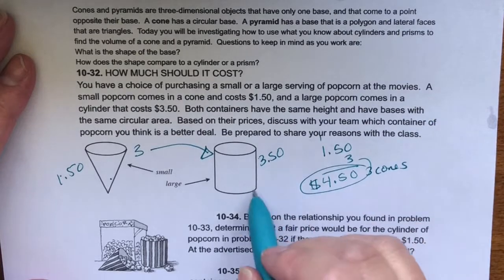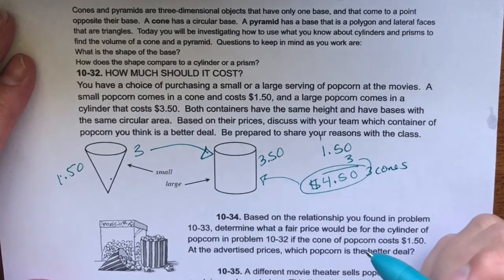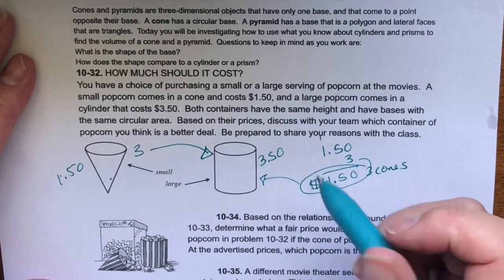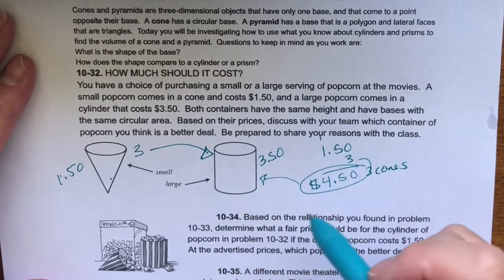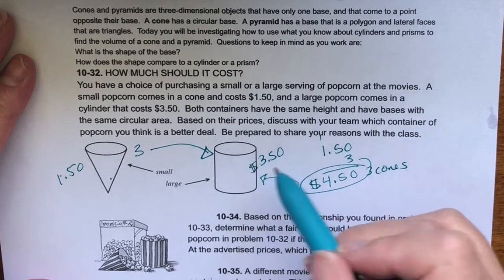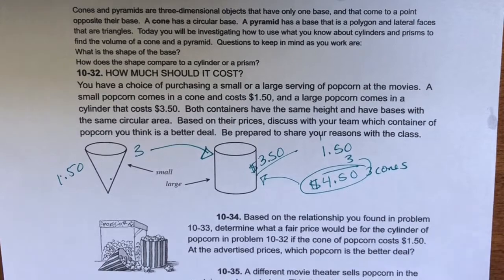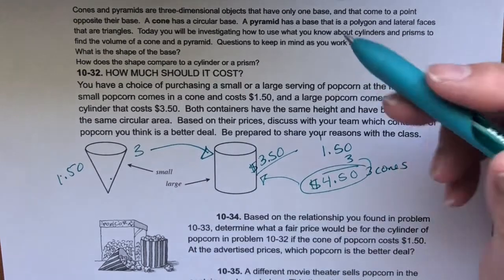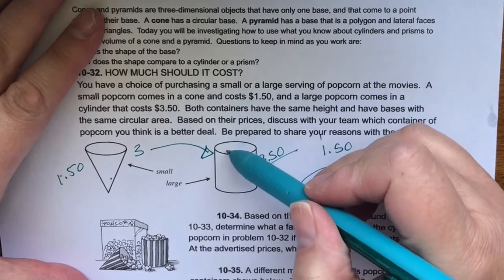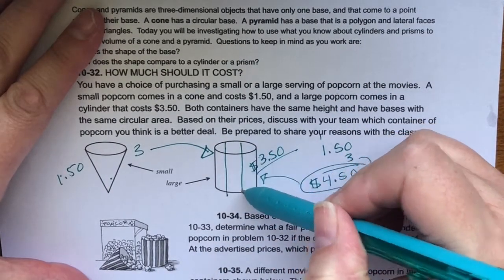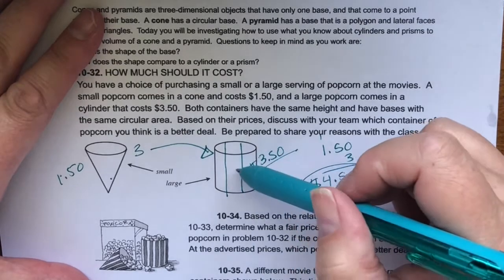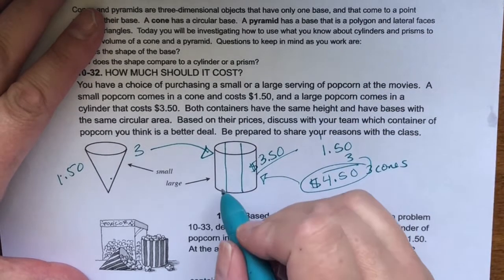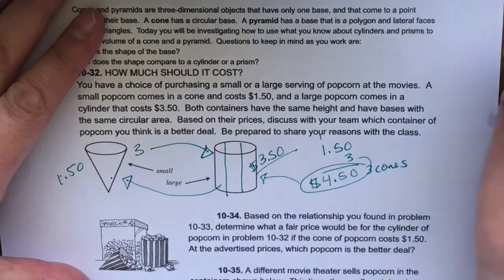With the same amount, I can get a cylinder, the same amount of popcorn, and I can get it for $3.50. So it's obviously a better buy to get the $3.50. Now, what's awesome about this is this tells us that a cylinder, if I were to divide it into 3 parts, one of those parts would equal a cone.